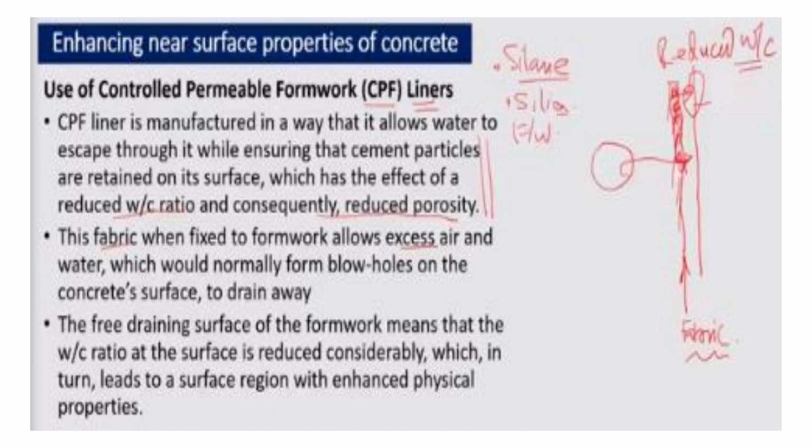The free draining surface of the formwork means that the water cement ratio at the surface is reduced considerably, which in turn leads to a surface region with enhanced physical properties, as compared to one which does not have this facility.